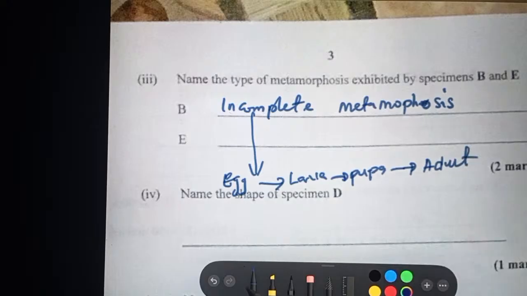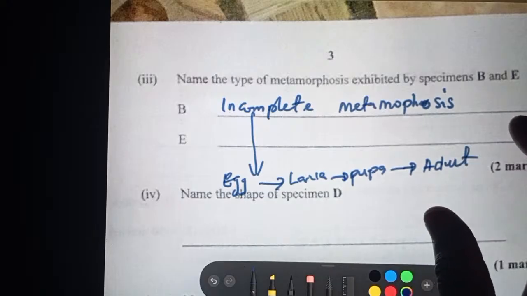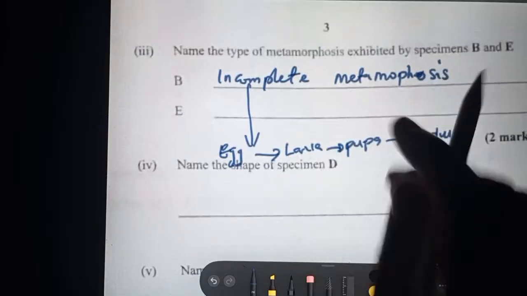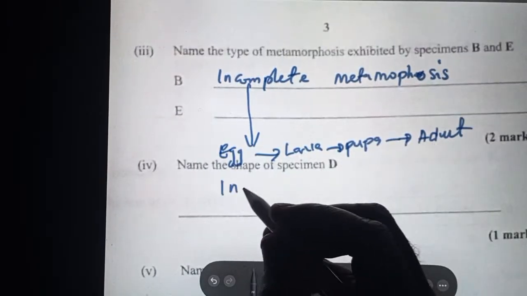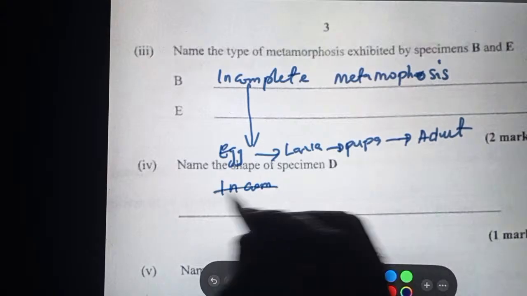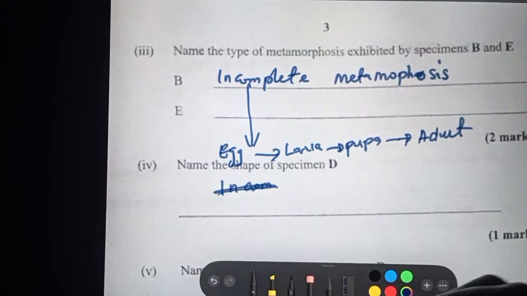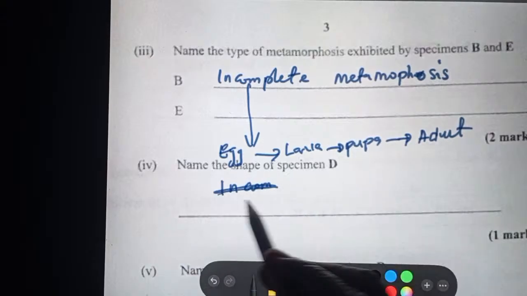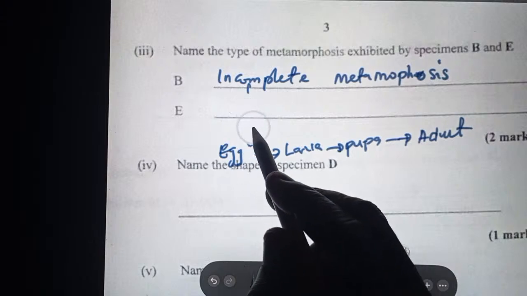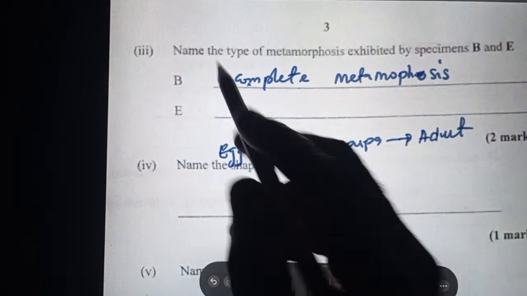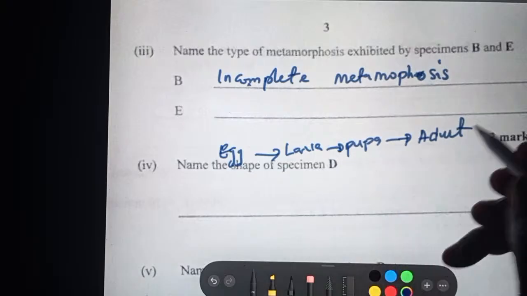We say that such metamorphosis is complete. Okay, sorry, this is complete metamorphosis. Please, correction, the arrow here shouldn't be there. This one I wrote down now is for complete, please.